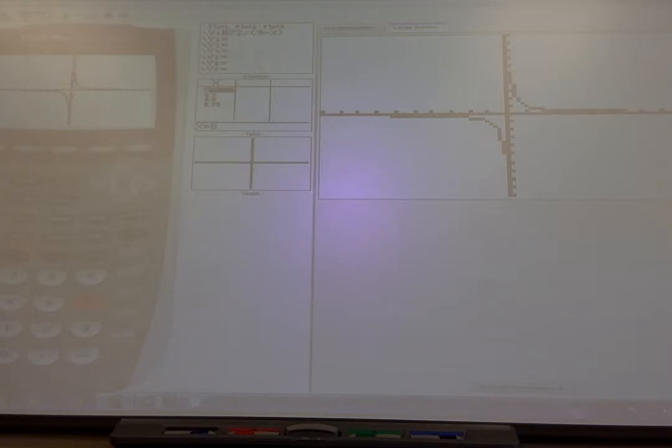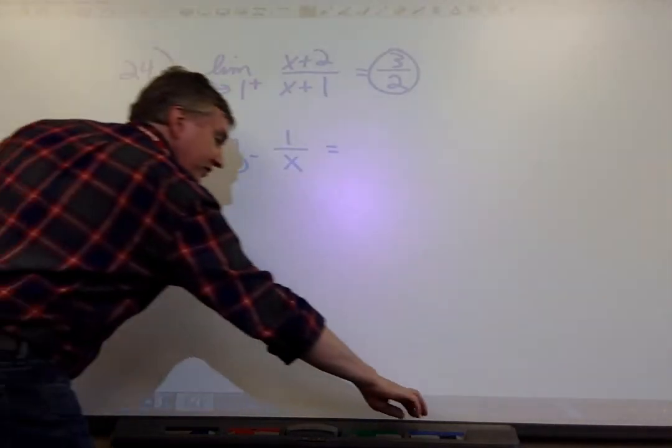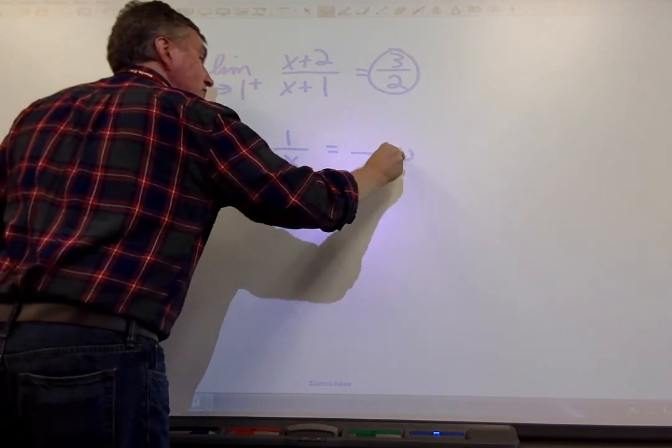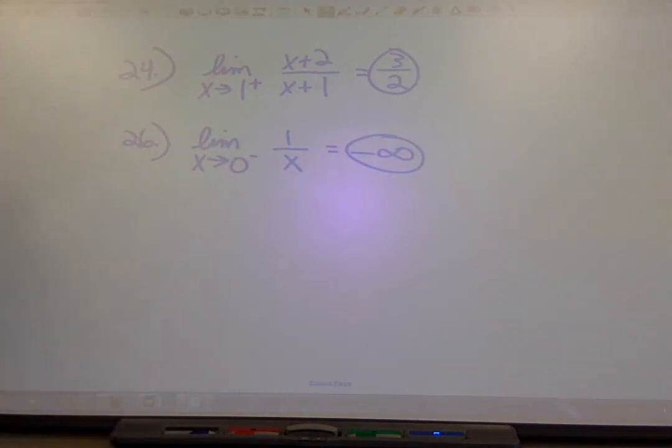That's obvious to everybody, isn't it? If I get closer and closer and closer to 0 on the x-axis, that y is getting smaller and smaller and smaller. So what do we say? Negative infinity. I agree with you. You know what the book's going to say in the back for that question? They're going to say D and E. But if we know where it goes, I want you to say where it goes.